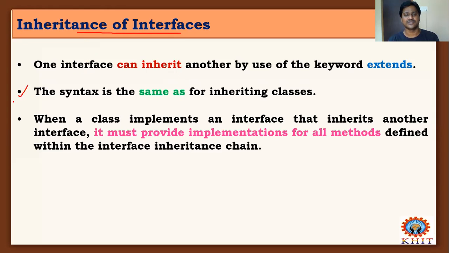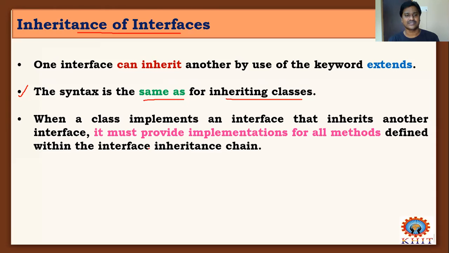Now coming to the second one, the syntax of this one is the same as for inheriting classes. And we are familiar with this concept, inheriting classes. When a class implements an interface that inherits another interface, it must provide implementations for all methods. This is already known by us because when a class implements an interface, whatever methods are defined in that interface must be implemented by that class, right?